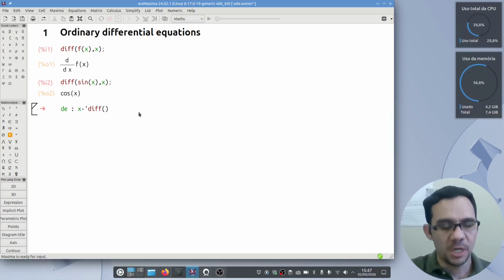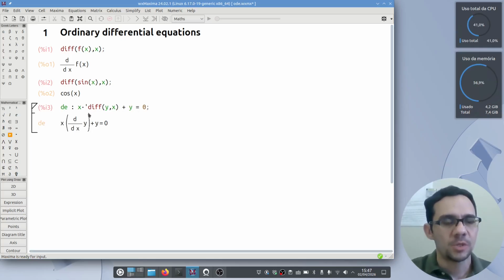In this case, the function of the equation is y, and the variable is x, and the equation has this form. So Maxima puts the equation in a way we can read it.